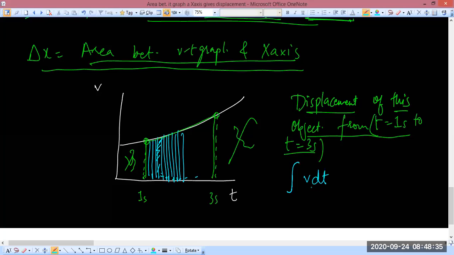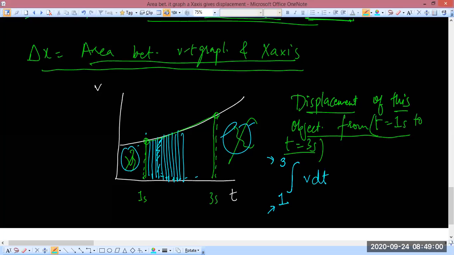But here we have to take a boundary. Boundary means limit. You should not cross that. You should not go here. You should not go here. So we have to remain between time equal to 1 second and time equal to 3 seconds. Did you understand what I indicated here? Do you understand why I'm writing 1 and 3 over here?